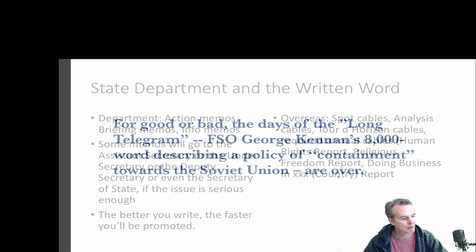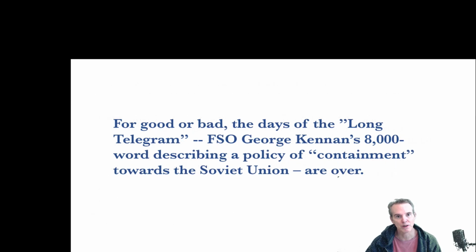You know, for good or bad, our reports have gotten shorter over the years. Back in 1946, 1947, before the advent of email and even telephone service, George Kennan was the chargé d'affaires in the embassy in Moscow. He wrote an 8,000 word, 32-page memo on what he saw as the U.S. policy in the post-World War II era towards the Soviet Union.